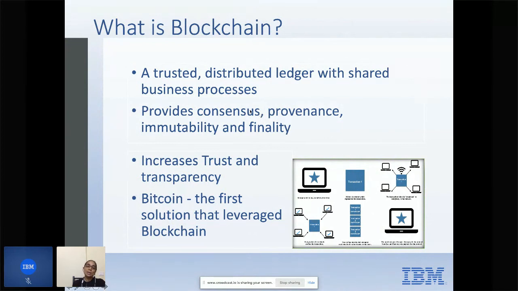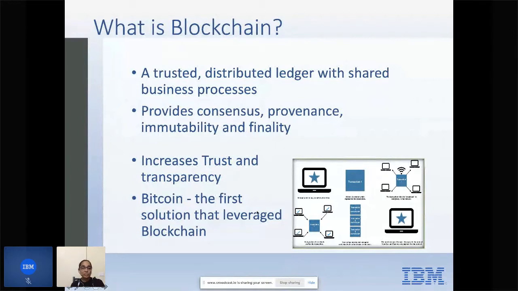All this increases the trust and transparency. So more players come into this business process, so that each person's interests are ensured, and each one of them has equal participation in the network.